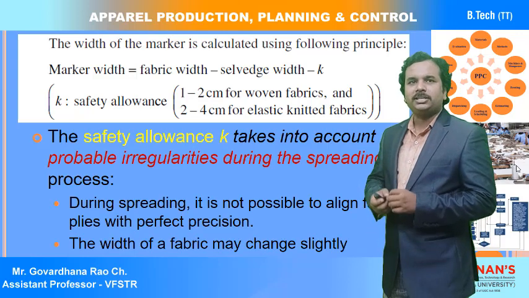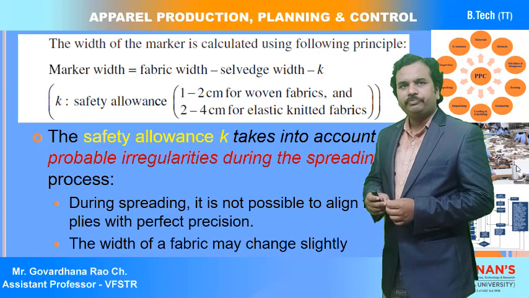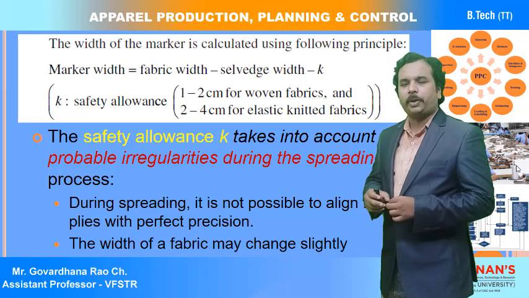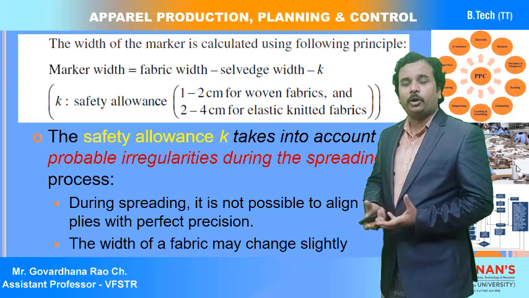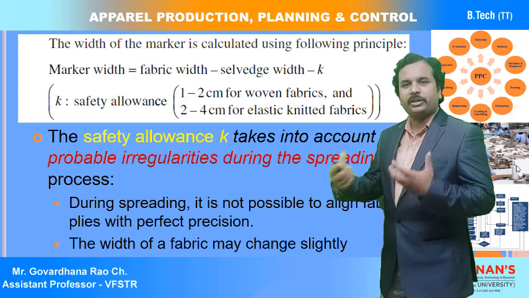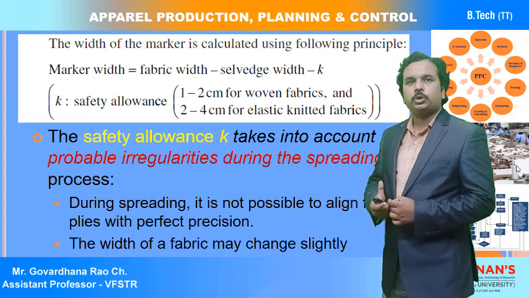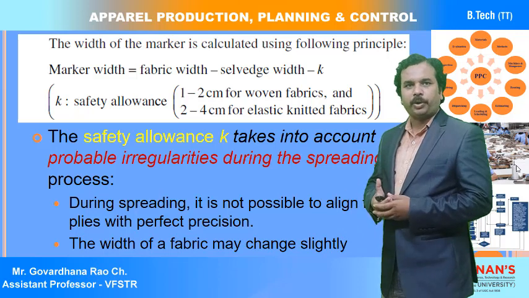The safety allowance K takes into account irregularities during the spreading process. Sometimes tension is applied onto the fabric, or more stretch can occur to the fabric. So the fabric is going to relax after the spreading.